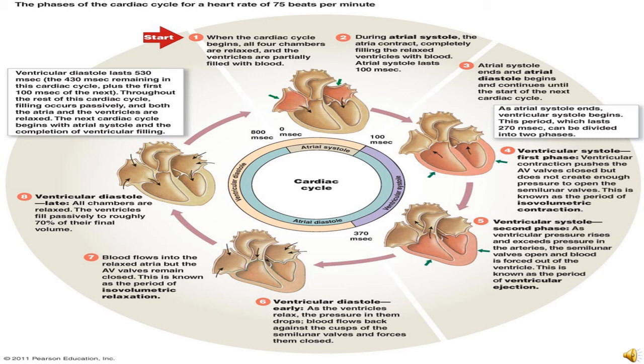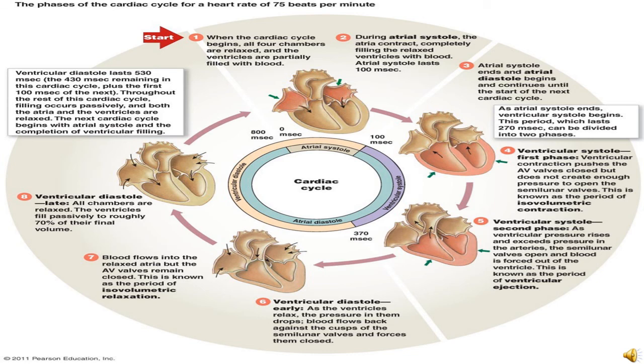After the completion of the atrial systole, the atrial diastole begins and continues until the start of the next cardiac cycle. As the atrial systole ends, the ventricular systole begins, and this period, which lasts for 270 milliseconds, can be divided into two phases. The first phase is the contraction phase, which pushes the atrioventricular valves closed but does not create enough pressure to open the semilunar valves, and this situation is known as isovolumetric contraction.